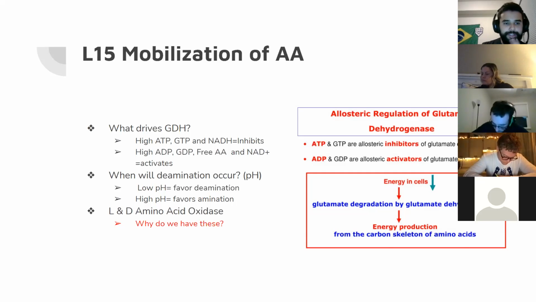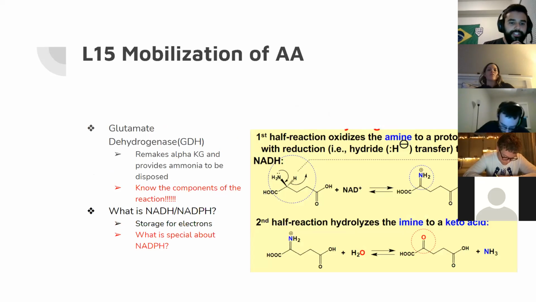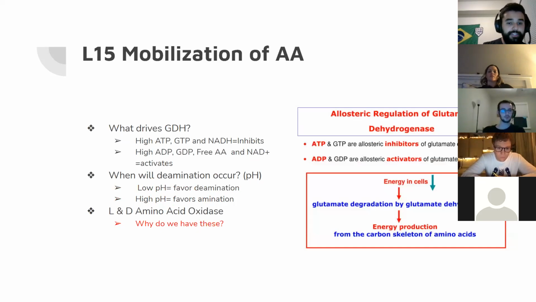So let me repeat what I just said. In our glutamate dehydrogenase, we form a keto acid in the form of alpha ketoglutarate. Alpha ketoglutarate is really, really important in metabolic pathways to form ATP and different energy molecules. Okay. So if we have high ATP, GTP, and NADH, these three molecules are indicators that we have a high amount of energy.